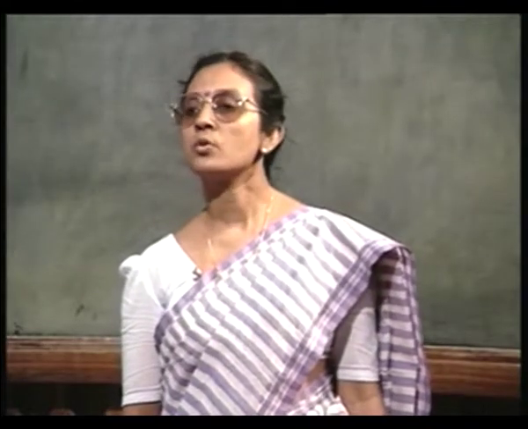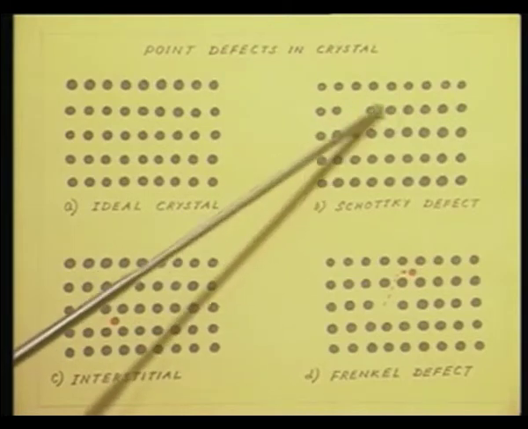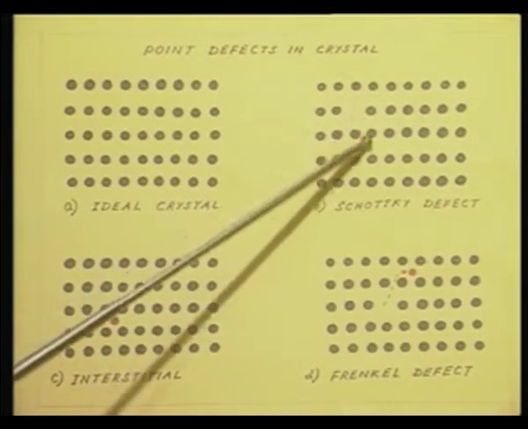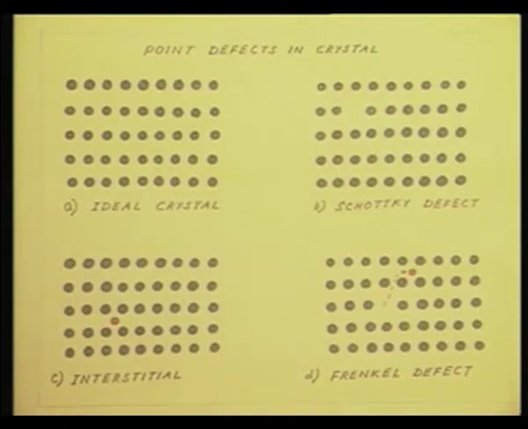I have already told you that in order to create one vacancy, I need to break 4 bonds. Funnily enough, if I want to create a divacancy, I need to break only 6 bonds. Consider 2 of them as an entity. So, 1, 2, 3, 4, 5 and 6. It will be clearer if you look at this.